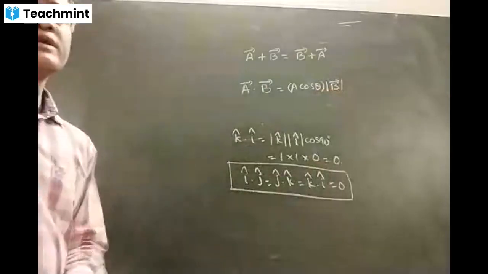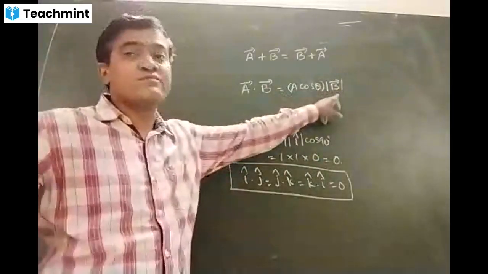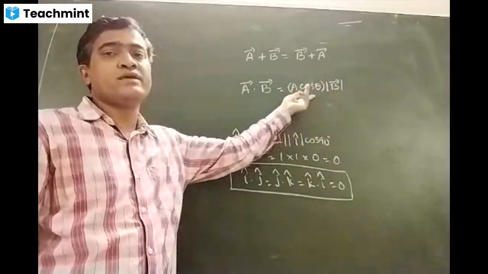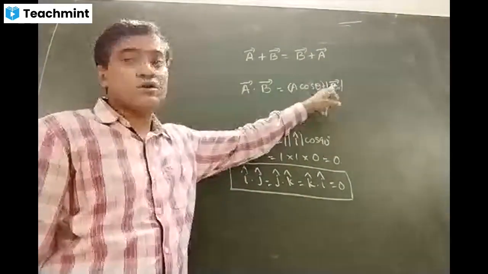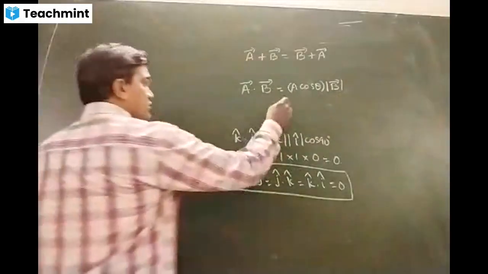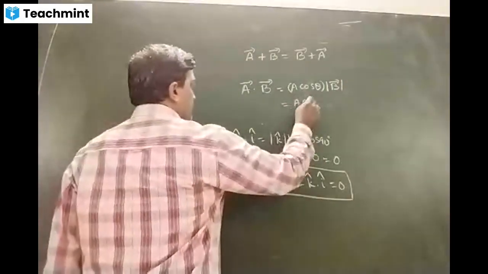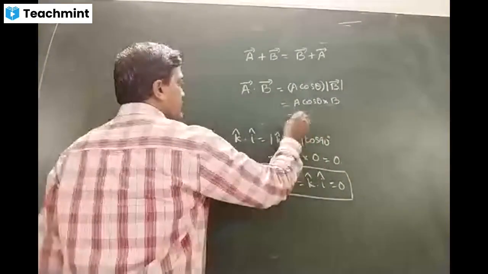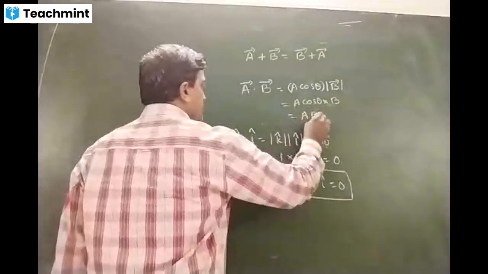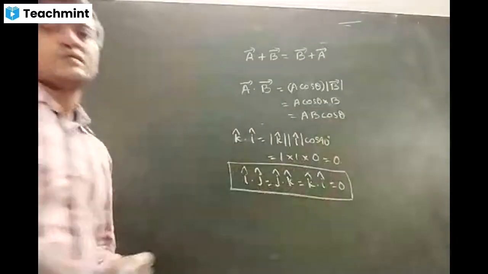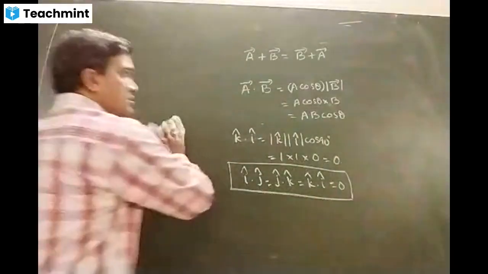Because one component will be acting along the second vector. A cos theta is one component of vector A, which is acting along the magnitude of B bar. So this can be written as A cos theta into B. Finally, AB cos theta.